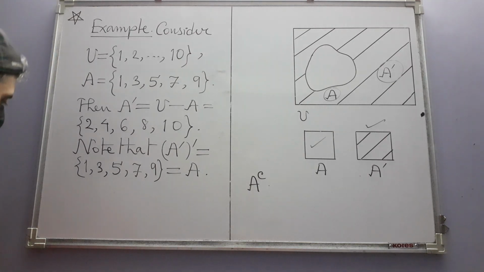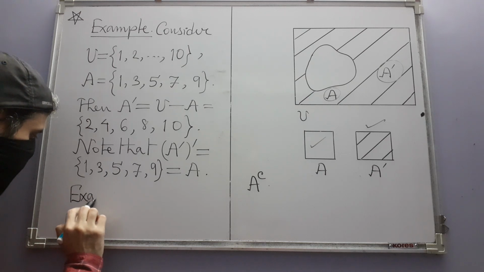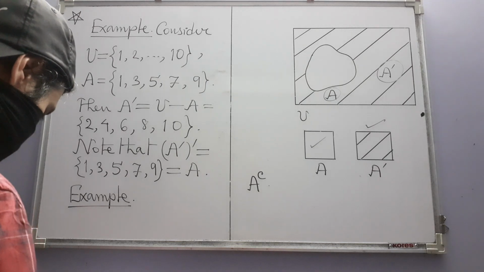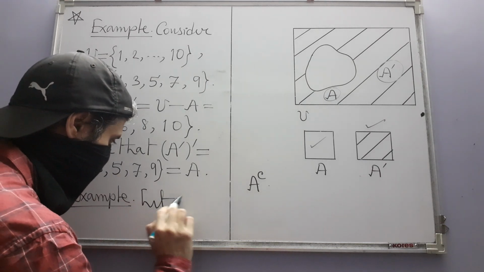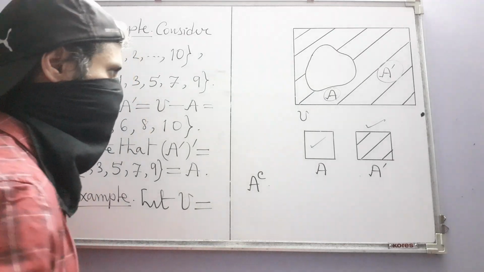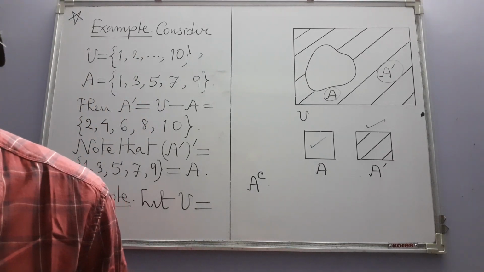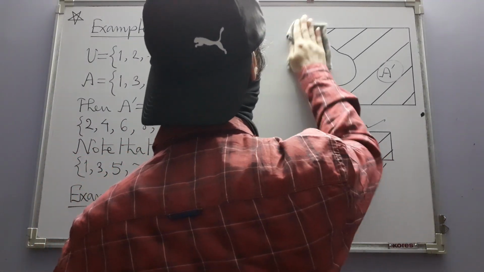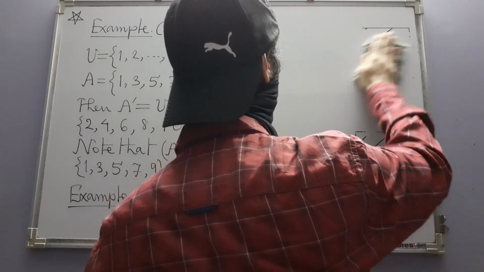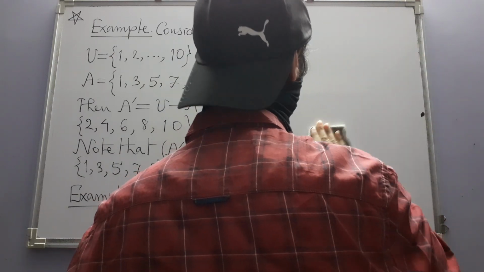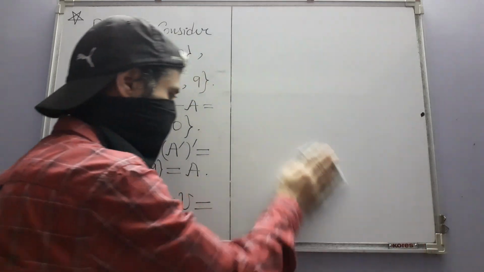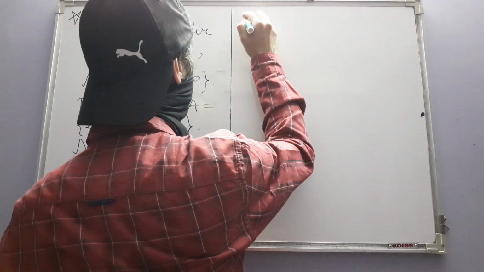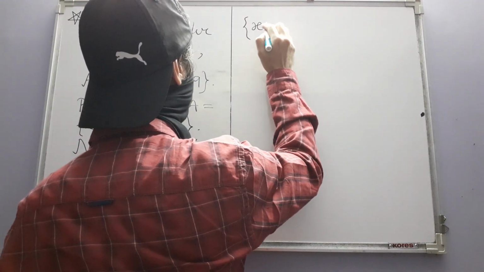Let us next see another one. In this one, let U be the set of all students in class 11 of some co-education school. So both boys and girls are there. Let me write like this.